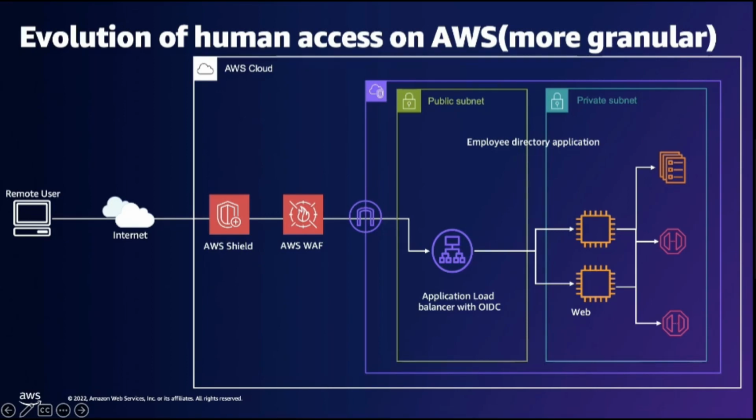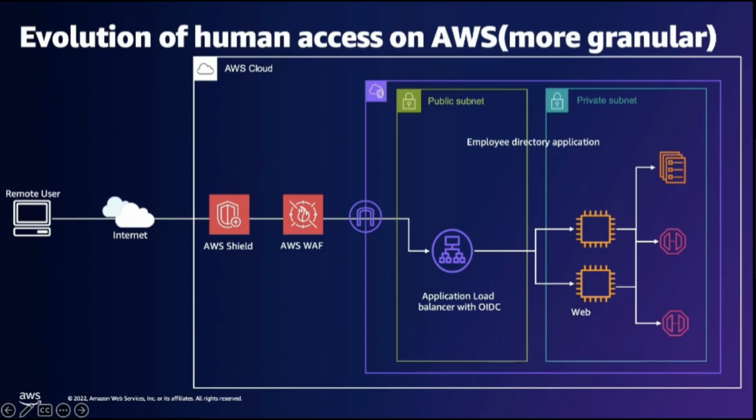You have AWS WAF, which is web application firewall. This is one of the security services that protects against layer 7 attacks. So if we are thinking about cross-site scripting attacks, this is a service that you would use at the perimeter, or the boundary of your network, to make sure that such attacks don't make it through to your resources.